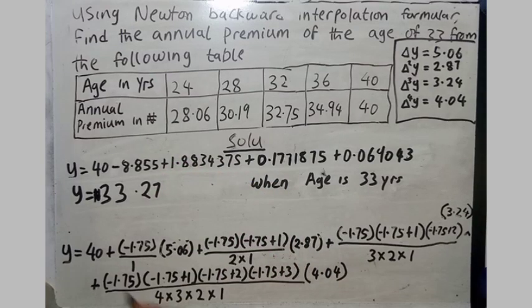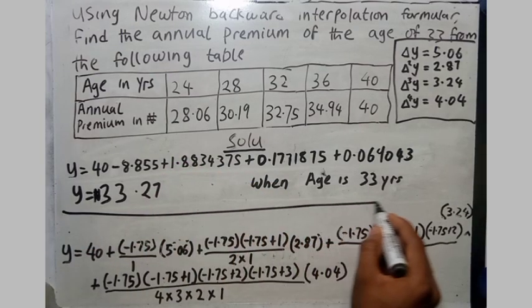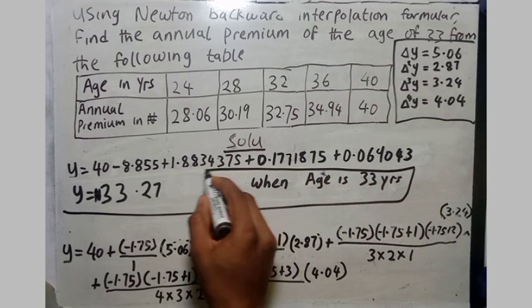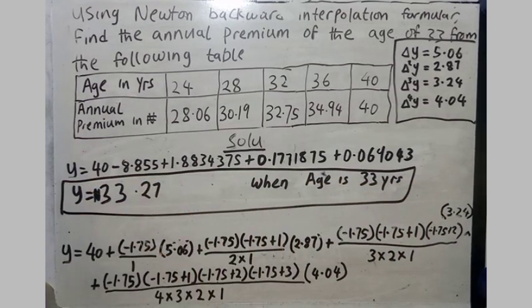So we're having 33.27 as the annual premium in Naira when the age is 33 years.